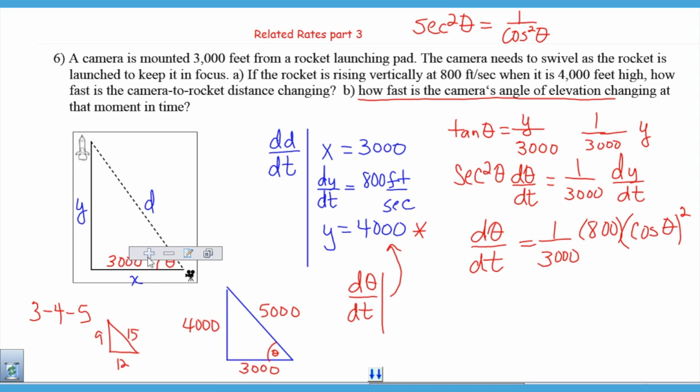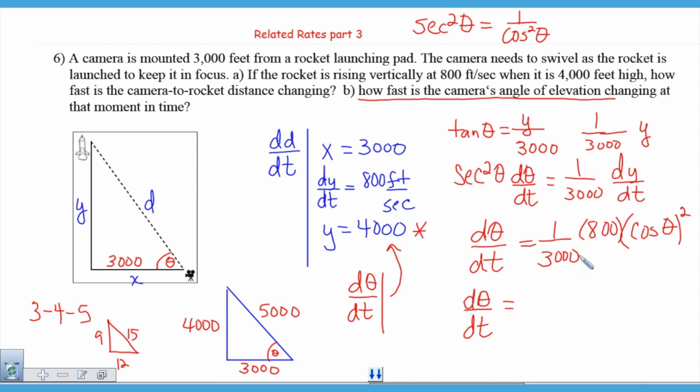Remember the triangle that we used before that's called the instantaneous triangle? That's that triangle right there. After you implicitly differentiate, you can use that triangle to find different sides, or in this case, a trigonometric relationship. So d theta dt is equal to, I need cosine of theta squared.